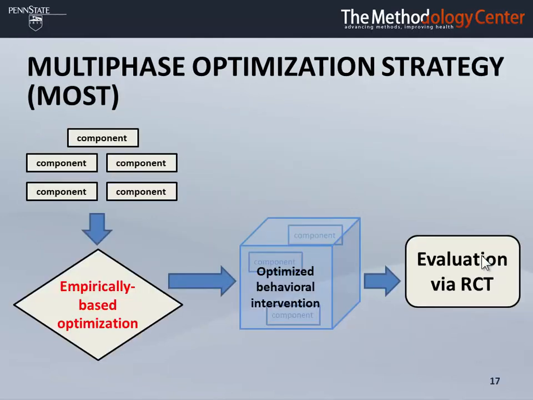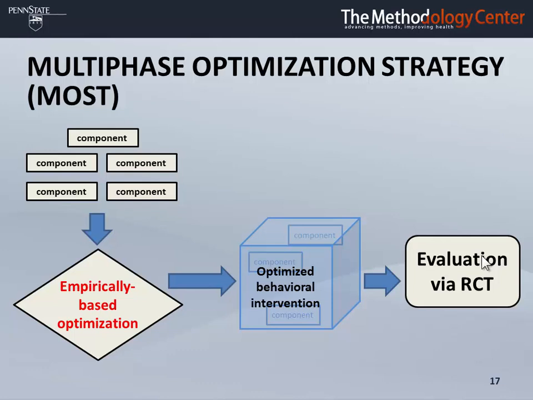So here's a schematic of the multi-phase optimization strategy. You start with a set of components, and I keep using 5, but it doesn't have to be 5. And instead of going directly to here, you go through another experimental phase of empirically based optimization. I know that seems abstract, but I'm going to get much more concrete about that in just a moment.